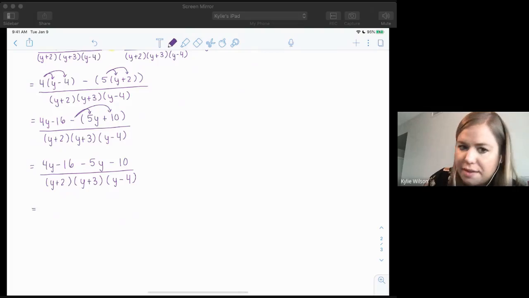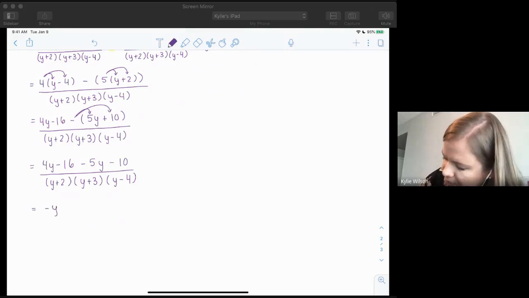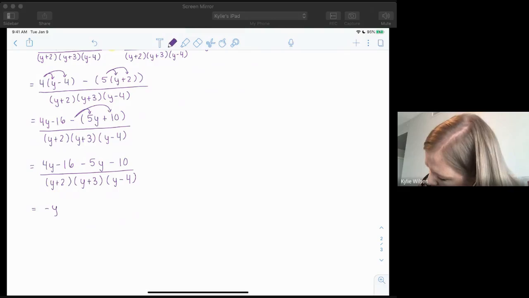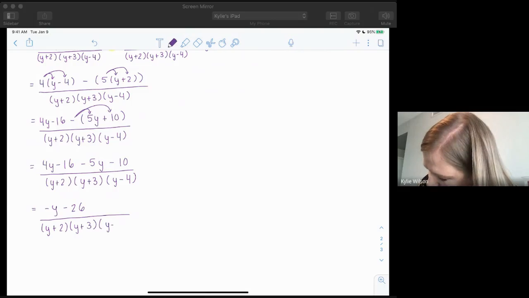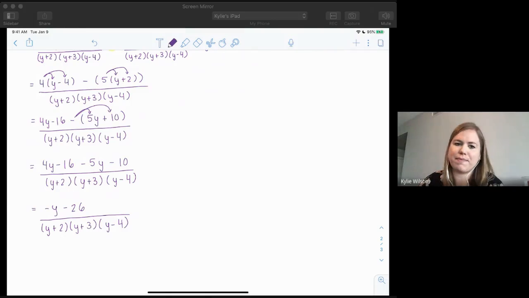So we will have negative y minus 26 all over y plus 2, y plus 3, y minus 4. And that is our final answer. And we did our restrictions up there too, so we're all set. That's our final answer there.